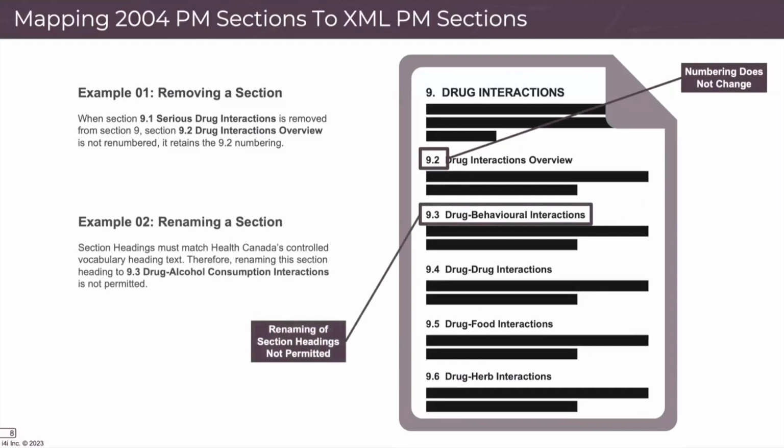Additionally, if you want to change the heading of Section 9.3 from drug behavioral interactions to the more precise drug alcohol consumption interactions, this wouldn't be permitted. All section headings must have exactly the same numbering and heading text as specified by Health Canada.